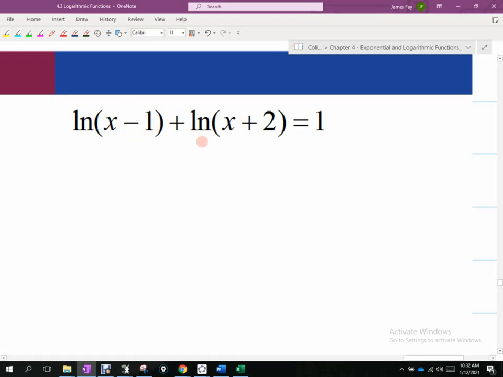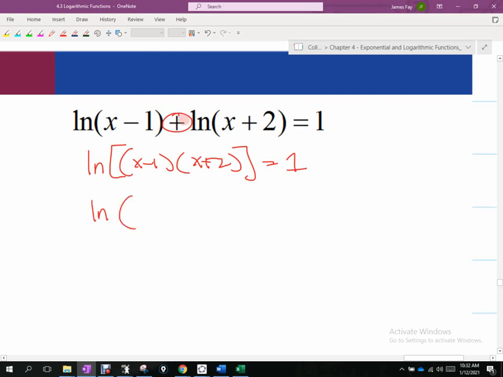What's addition mean? Okay, so this turns into ln of x minus 1, x plus 2, right? Okay, equals 1. Now, some people right away just rewrite this as ln of, and then they know that those are going to get multiplied together, and they know they're going to have x squared plus x minus 2 equals 1.